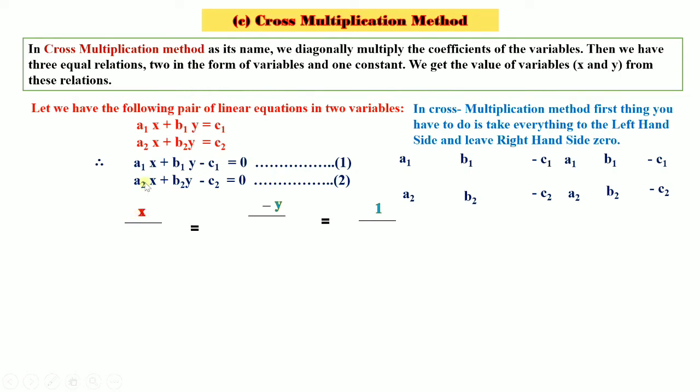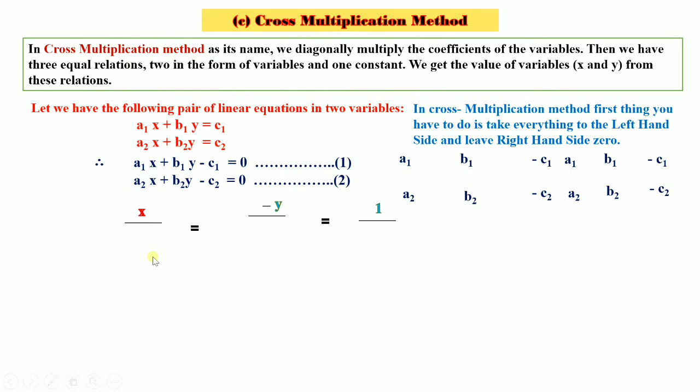So what we are going to write, in the denominator of x, the coefficients of y, that is b1 and b2, and the coefficients of constant, that is minus c1 and minus c2, will be written over here.